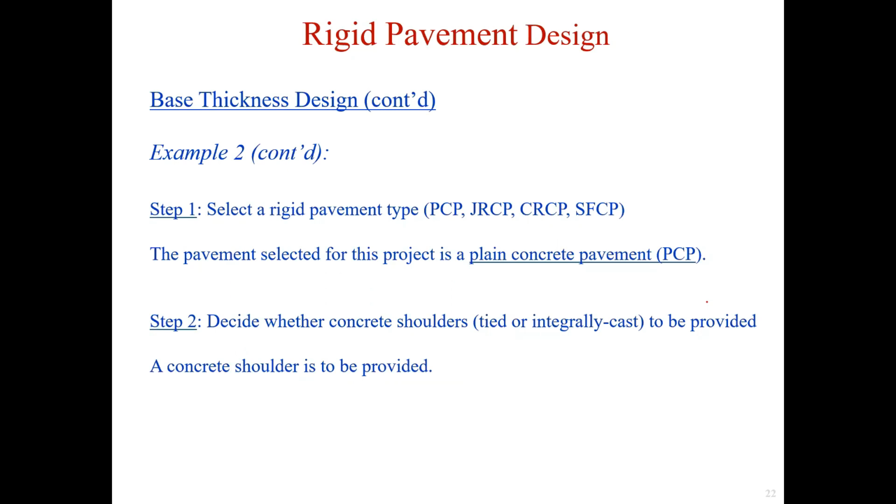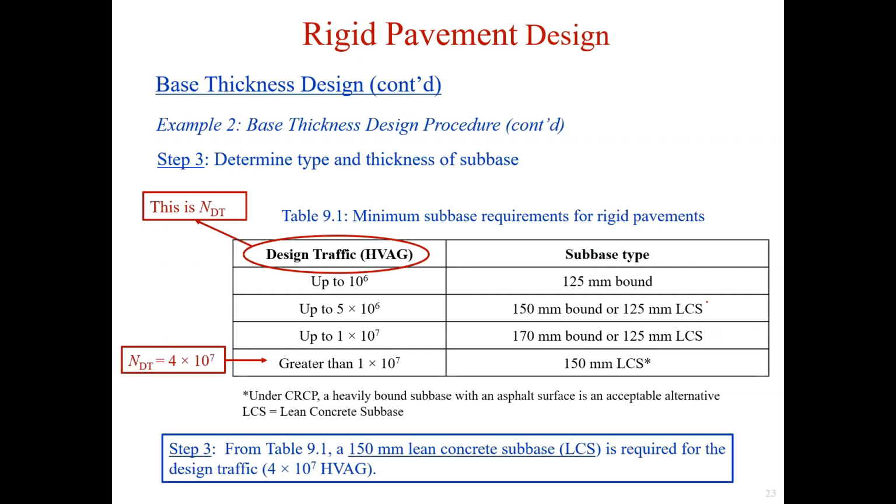Step 2 is to decide whether concrete shoulders, either tied or integrally cast, are to be provided. A concrete shoulder is considered in this case. Step 3 is to determine the type and thickness of the subbase.